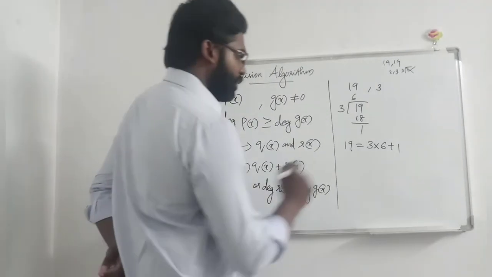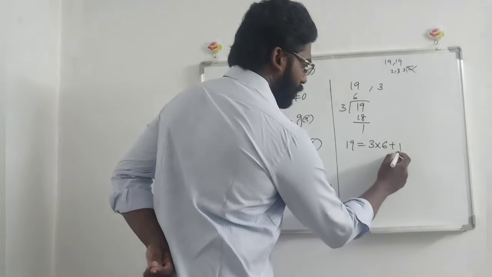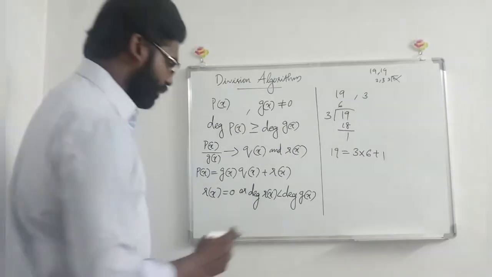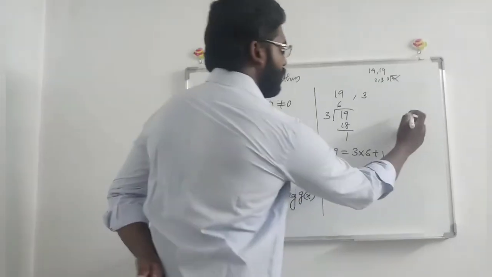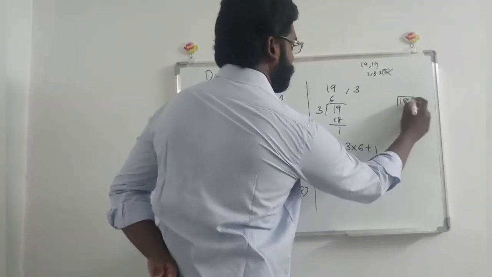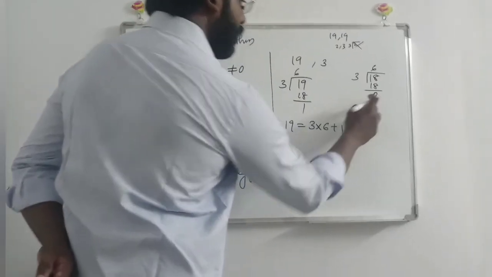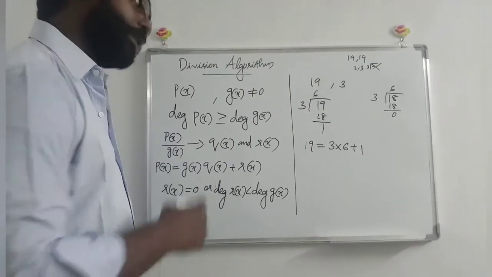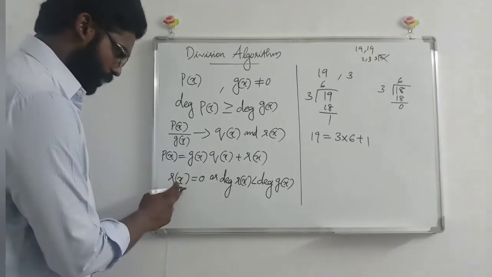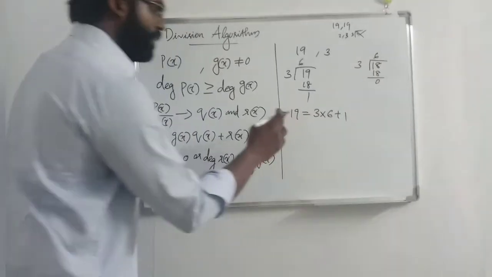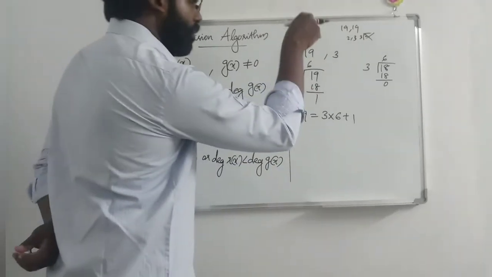The remainder is less than the divisor. If we consider another example, 18 divided by 3 is 6, remainder 0. Now here the remainder is 0. Sometimes the remainder may be 0, or the remainder is less than the divisor. This case is on numbers.